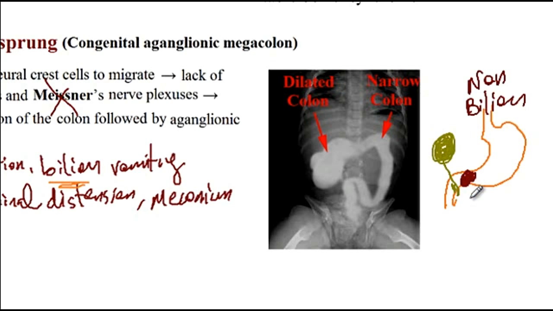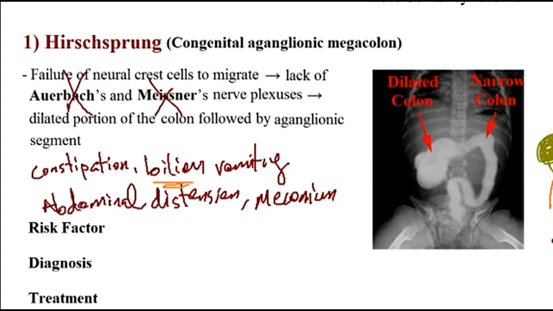On the other hand, with any obstruction that is after the duodenum, the GI content is now being mixed with the bile, and so obstructions after the duodenum will cause bilious vomiting. And so Hirschsprung, since it's affecting the colon, which is distal to the duodenum, will cause bilious vomiting.